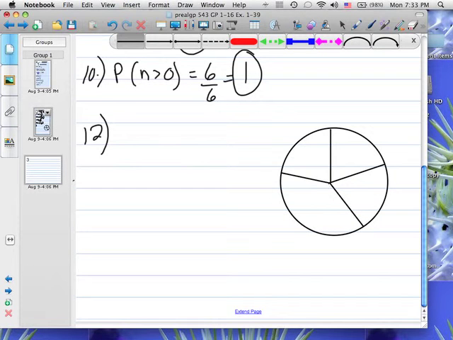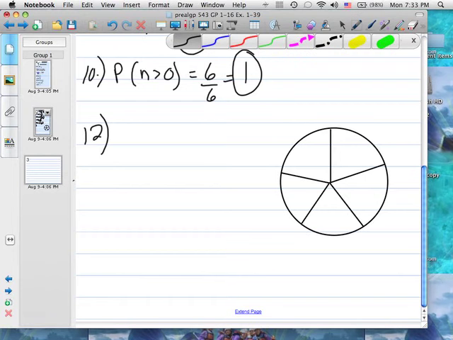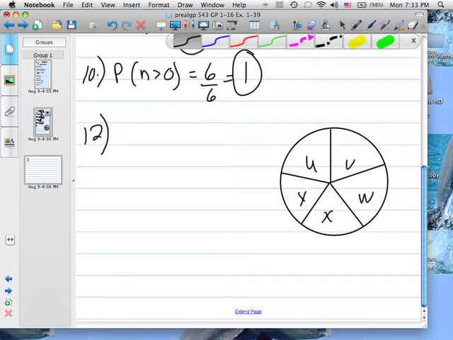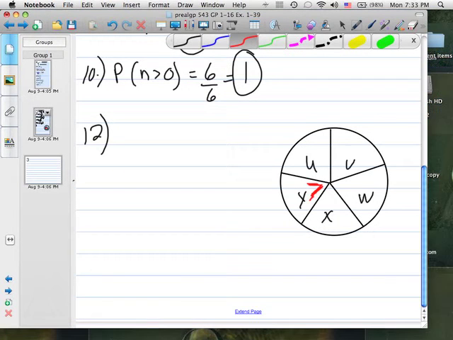I'll try my best to get that to happen. And this time the sections are labeled U, V, W, X, Y. And the colors, the Y is red, the W is red, and the U is blue.